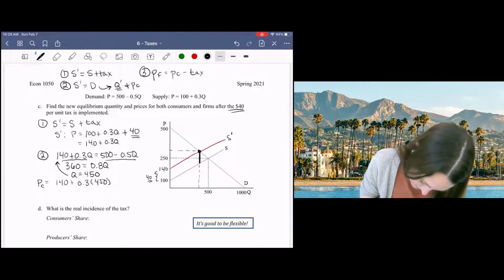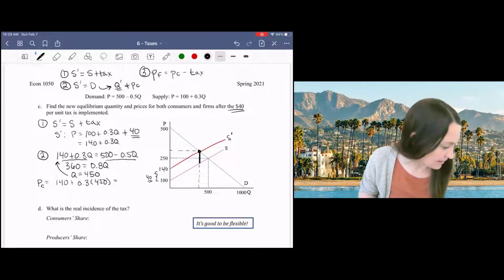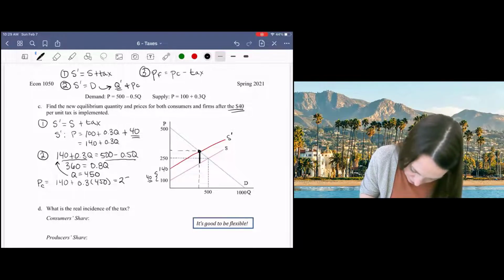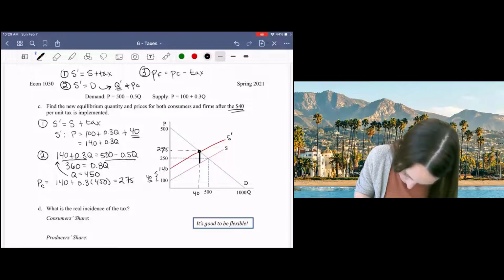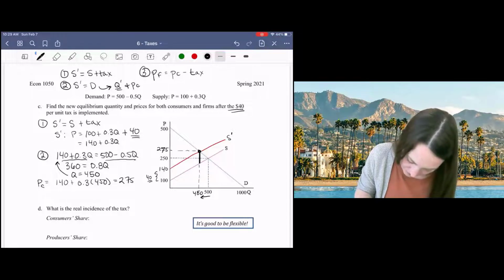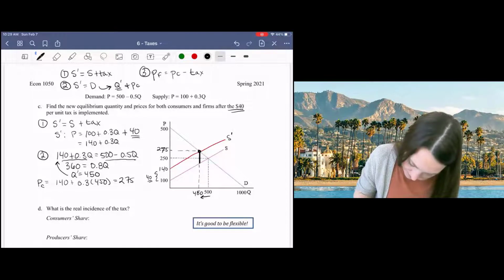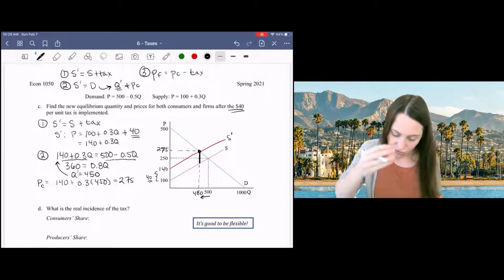That's my price for the consumer, and that is going to be equal to 275. Okay, so I can fill in these numbers here. So the quantity decreased to 450, and the price for the consumers went up to 275.